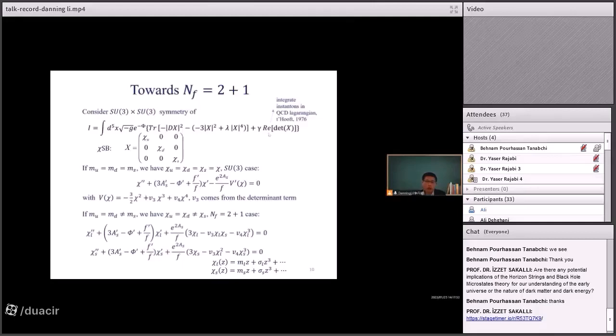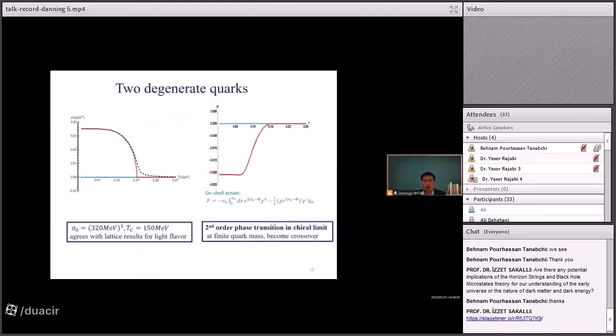In this case, we introduce an additional term to the original soft wall model Lagrangian, and this represents the 't Hooft determinant term. We can derive the equations of motion, and we can solve for the condensate of the light flavor and the condensate of the strange quark. And the result is like this.